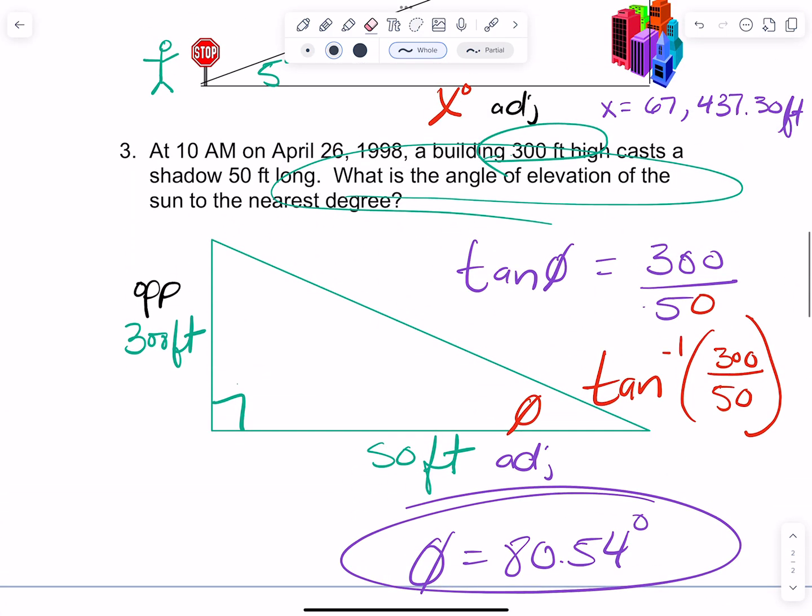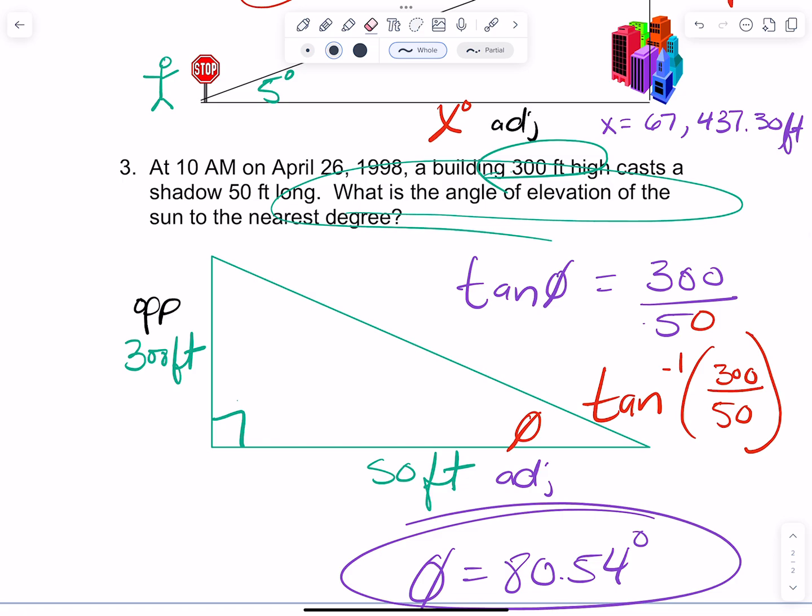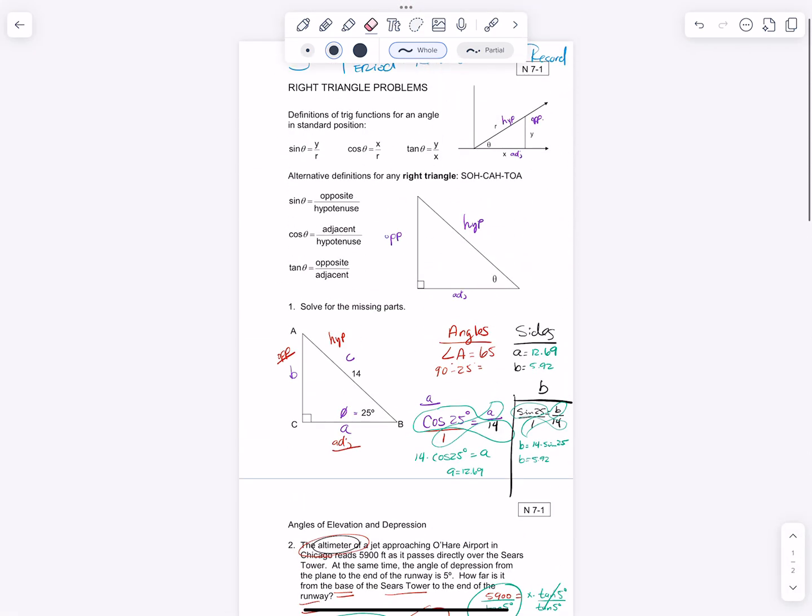All right. Anyway, that is your lesson for today. You do have an assignment. Here's the good news. I think we'll have school on Friday. I don't mean to crush your spirits, but I think we'll have school. But if we don't, I'm going to give you Friday as a work day. I'm going to give you your assignment today. You're doing 1 through 9 on pages 3 through 6.